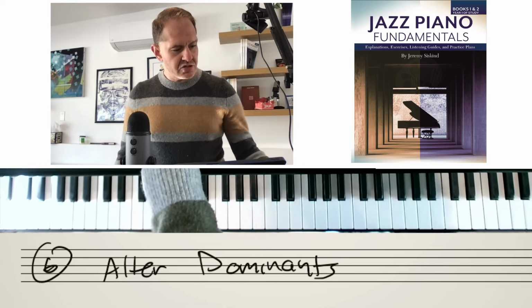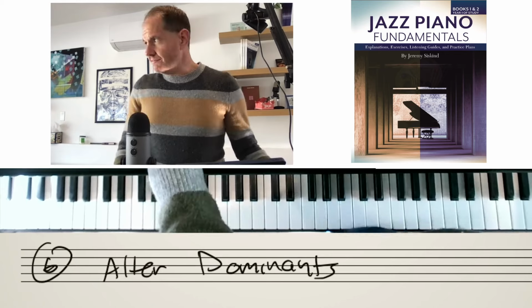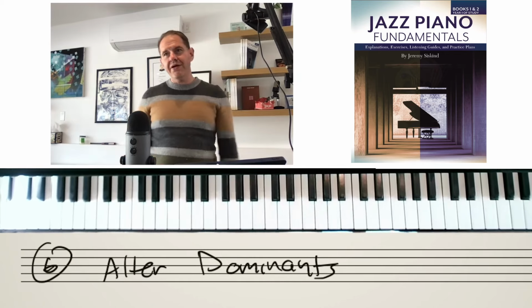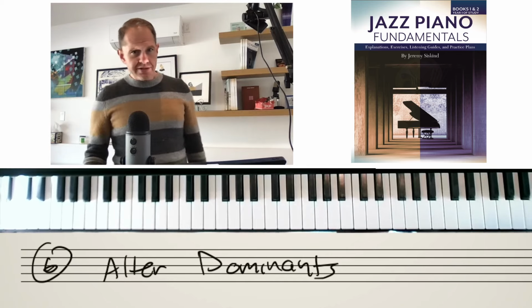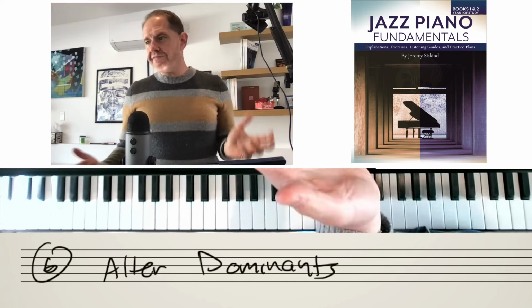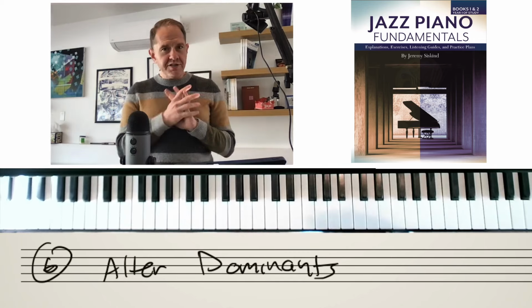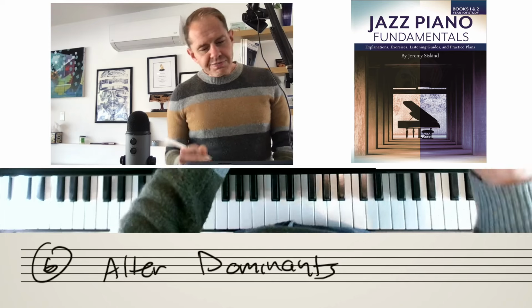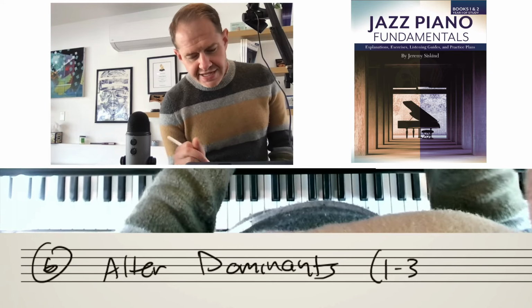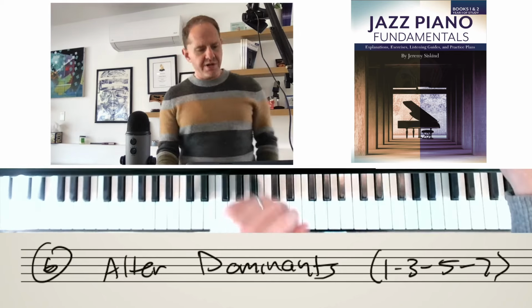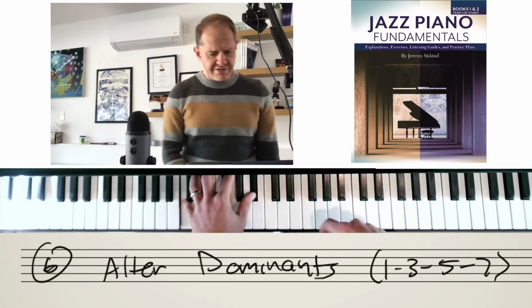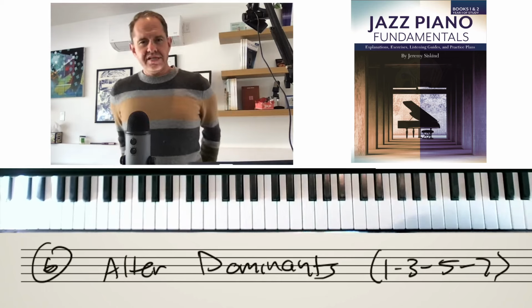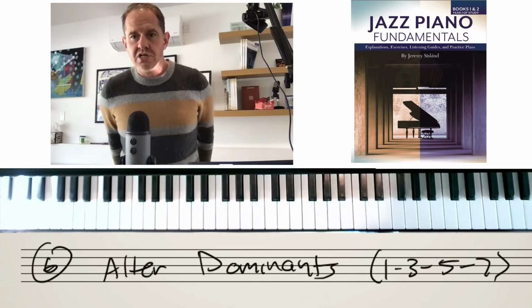Especially as my students get more and more advanced, they're playing a lot of really nice voicings, they're playing a lot of hip rhythms, but oftentimes they're leaving dominant chords really, really plain. And even before altering dominance, if we as jazz listeners hear a dominant with just 1, 3, 5, 7, even if it's voiced out kind of nicely, it doesn't really sound like it belongs in the jazz genre.